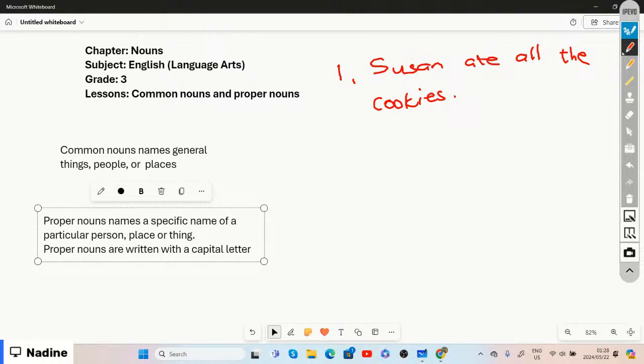So here we're going to identify Susan as our proper noun. Cookie is a noun, a general noun.